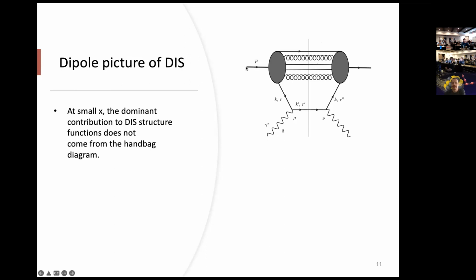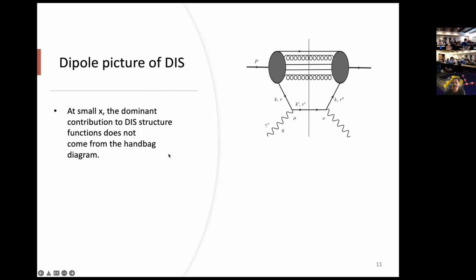Somehow I'm not very consistent: my proton is now on top, the virtual photon is at the bottom. Hopefully it doesn't cause too much confusion. And that's the famous handbag diagram, what you want to start with in most perturbative calculations of DIS.